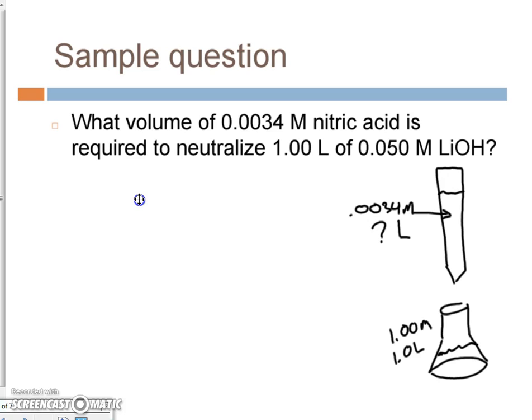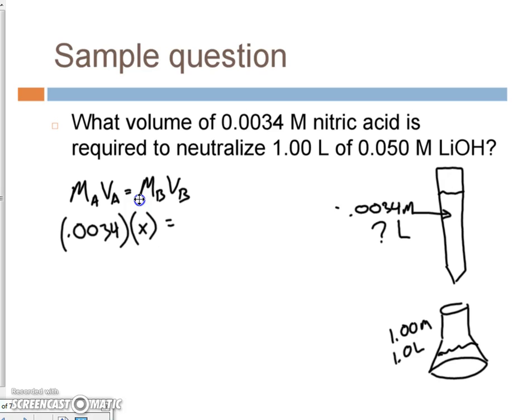Same equation. MAVA equals MBVB. Molarity of the acid, we look over here, we know. So 0.0034 times volume of the acid. We don't know volume because that's what it's asking us to find.